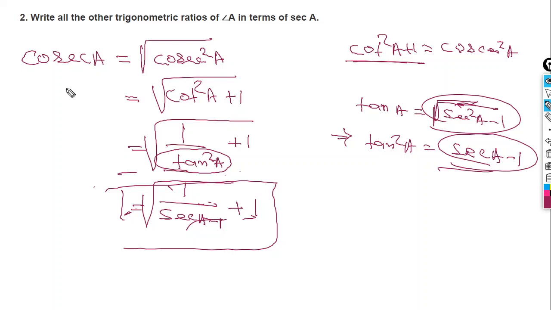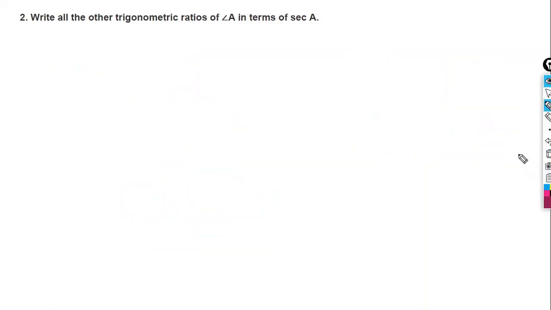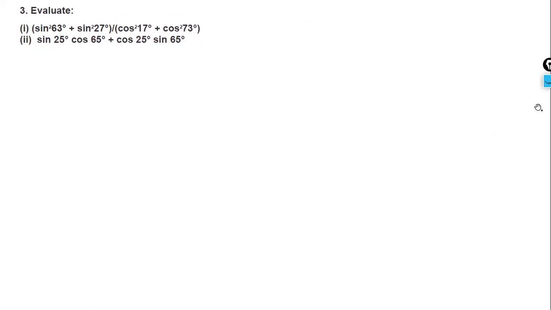Now we'll move to another question. Question number 3. Here, read the question. Evaluate I and II. We will write the question first.